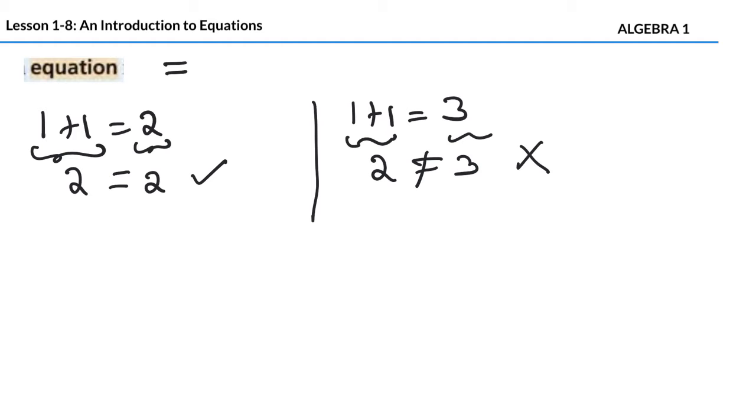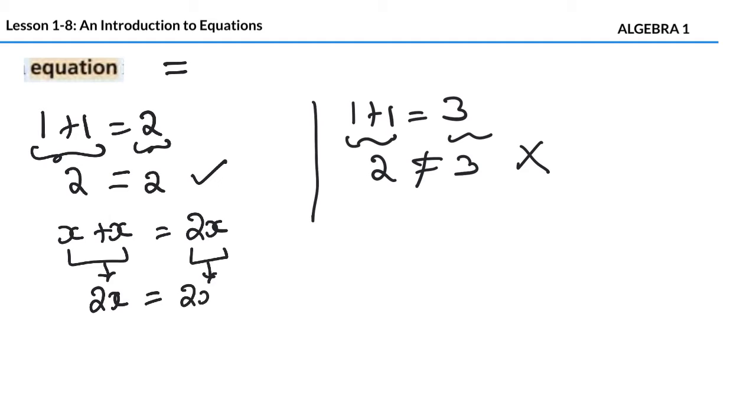Let's take another example of a true equation. x plus x equals 2x. Now x plus x we know is 2x and the expression on this side is also 2x. So this is a true equation.